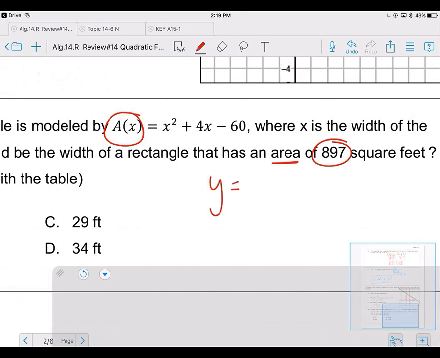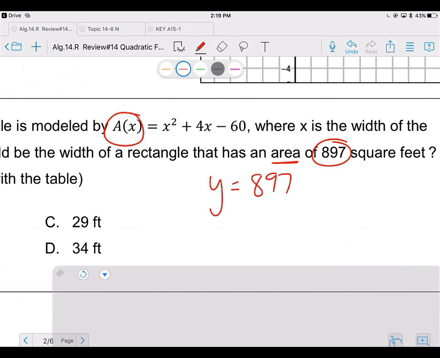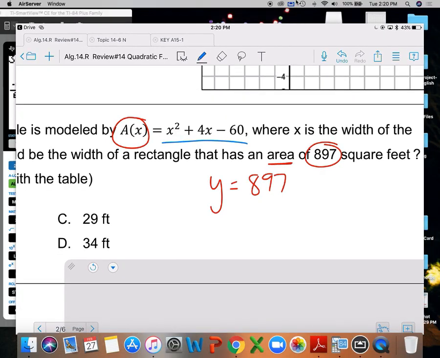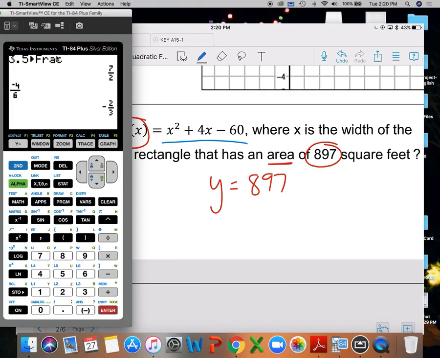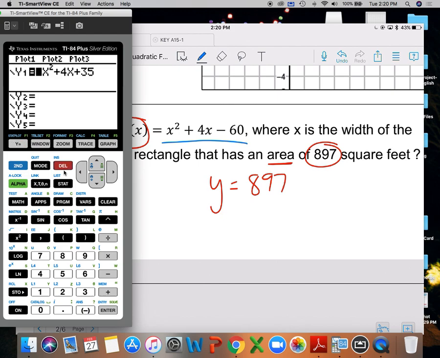So essentially they're giving us a y value. So what I'm going to do is plug this into my calculator. So in y equals, I'm going to plug in x squared plus 4x minus 60. Now, I am looking for a y value.